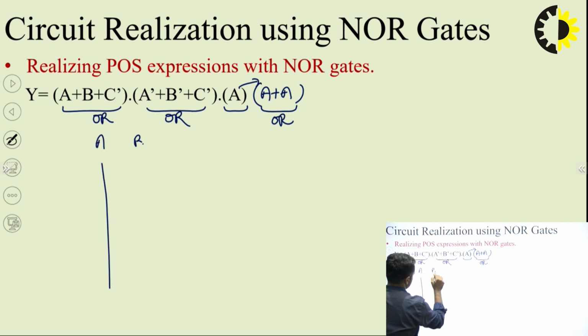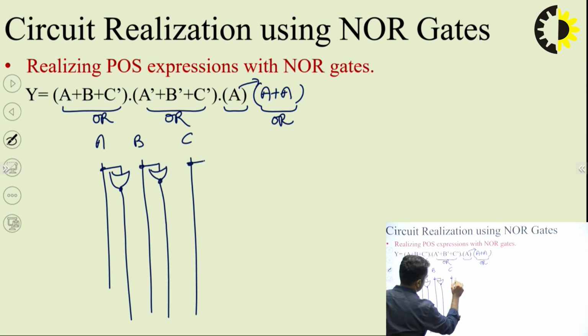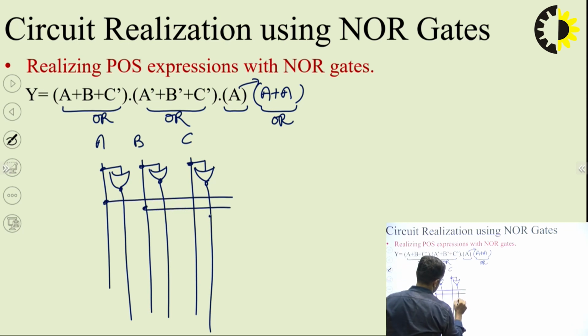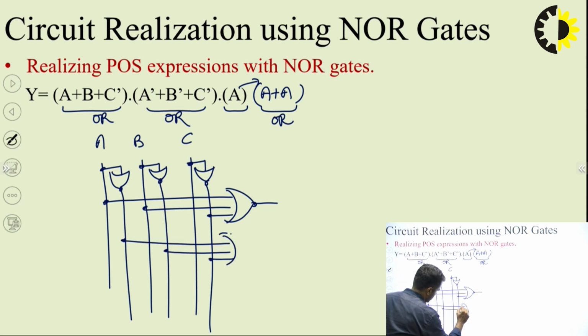A, B, C. This is A complement, B complement, C complement. First one is A plus B plus C complement. This is A plus B plus C complement. Second one is A complement plus B complement plus C complement. So this is A complement plus B complement plus C complement.